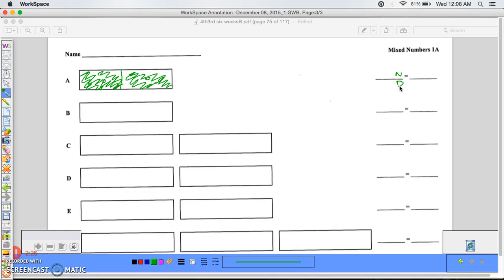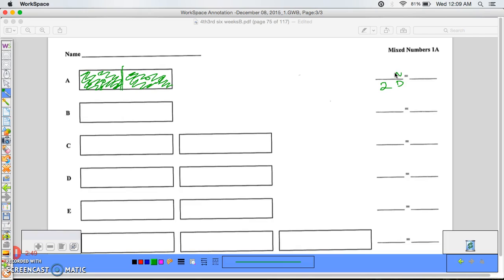Now remember, the denominator's job, the number on the bottom, is how many pieces you need to make one whole group. So for me to make one whole group, I need two pieces. So the number 2 is going to go here. Now your numerator is Pac-Man. Remember, Pac-Man is saying, what are we talking about? Shaded or unshaded?